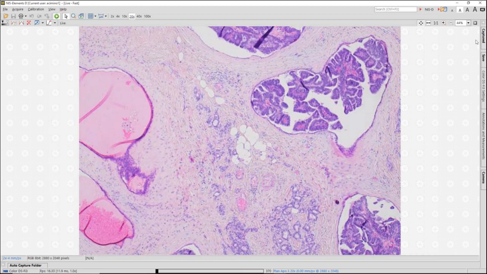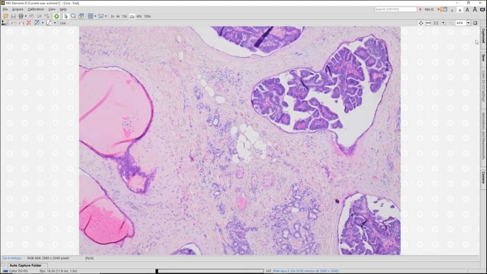Any type of mammary carcinoma can arise in association with these encapsulated papillary carcinomas. I mean, you could see lobular carcinoma, metaplastic carcinoma, ductal carcinomas. This particular example is of invasive ductal carcinoma.